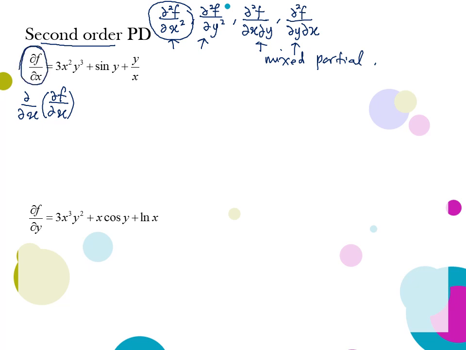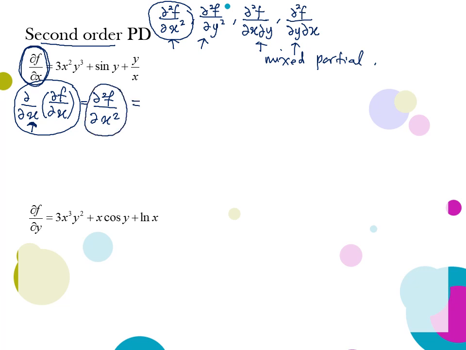Differentiate this first order partial derivative one more time by using the same variable, which is also x. So what you do here, it will become this. Differentiating the first order for the second time is equivalent to this notation.